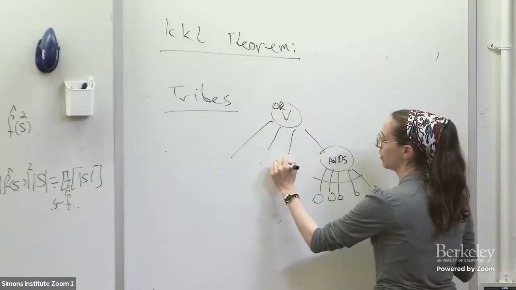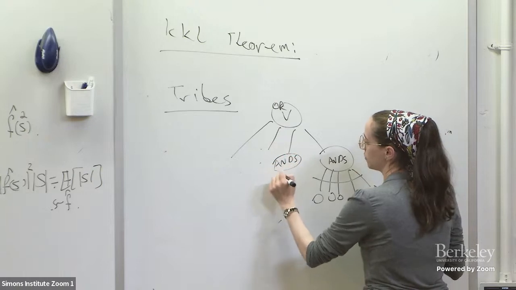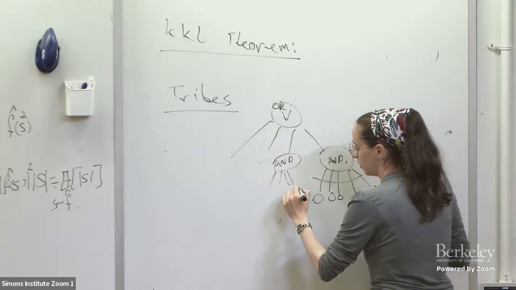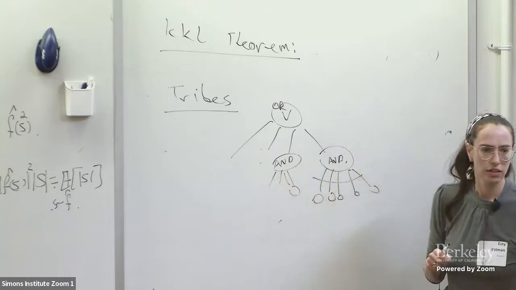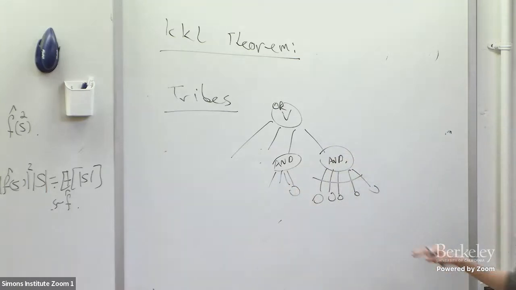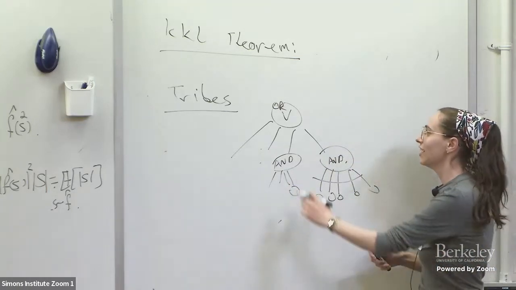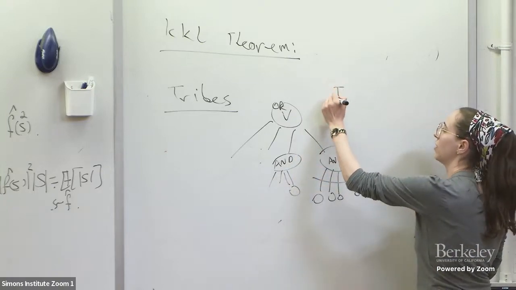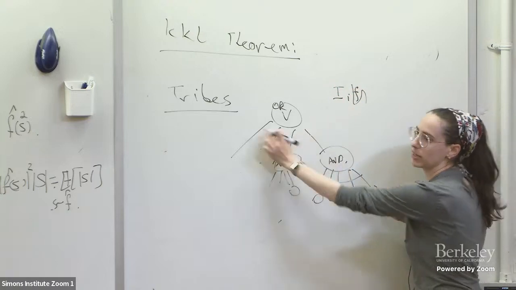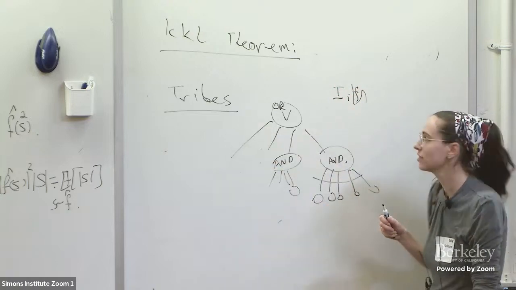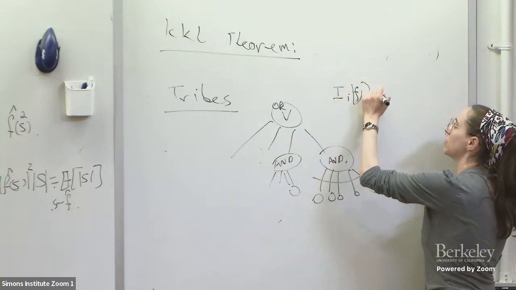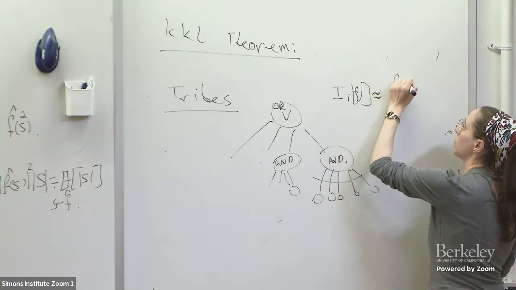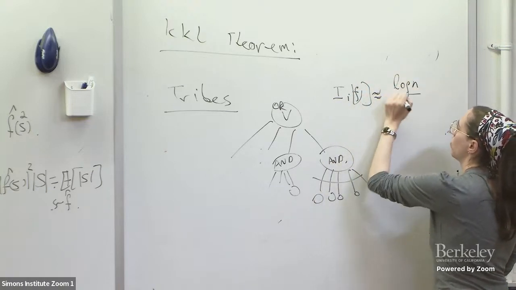So we have many ANDs, and for some parameters of how many ORs and how many ANDs you have here, every individual bit has influence log n over n.